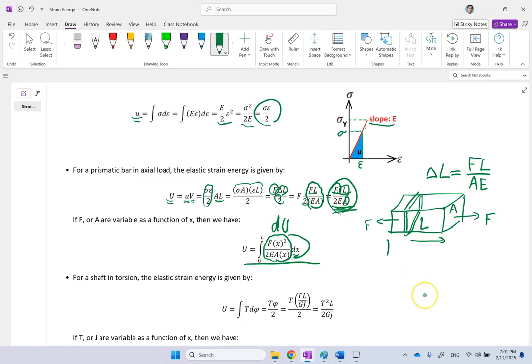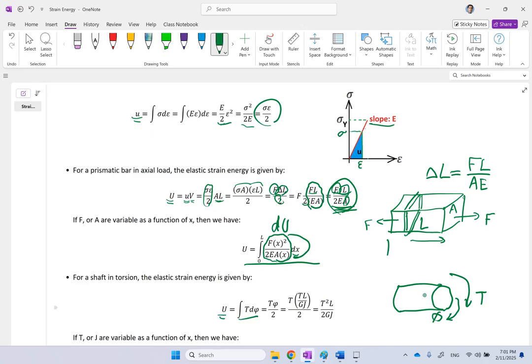Now, if a shaft is under torsion, so you applied some torque here, and you know at the end it is going to go through angle phi, the angle of twist, then integral of T dφ is the total strain energy in the linear region.